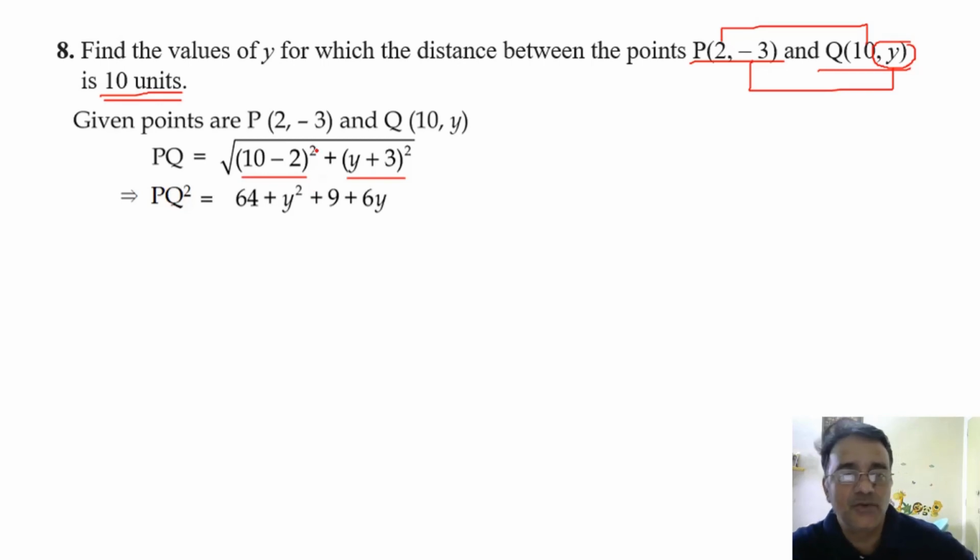But square रूट हटाने के लिए हम लोग क्या करेंगे, स्क्वायर करेंगे दोनों साइड. This will become 64 and this will become y square plus 9 plus 6y, a square plus b square plus 2ab, and this is equals to 100.